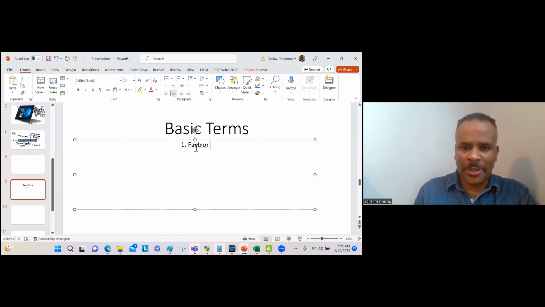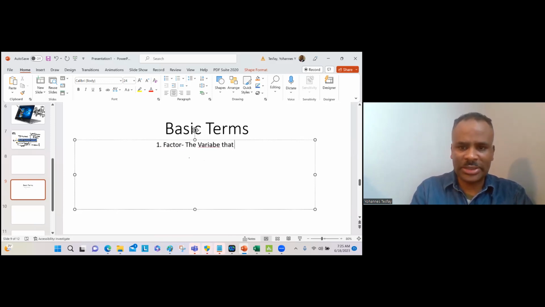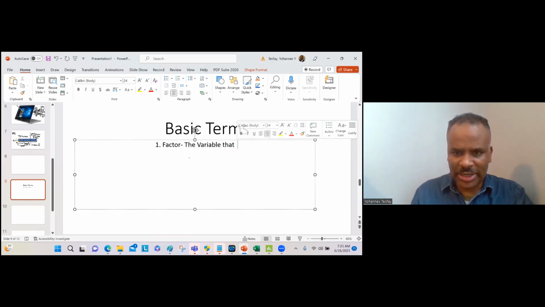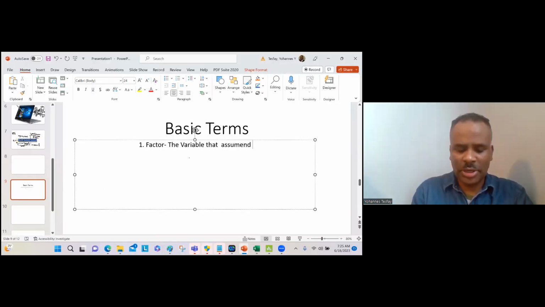Okay, factor is nothing but the variable that is assumed to have impact on the response.